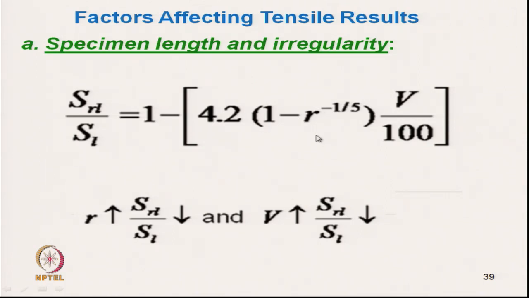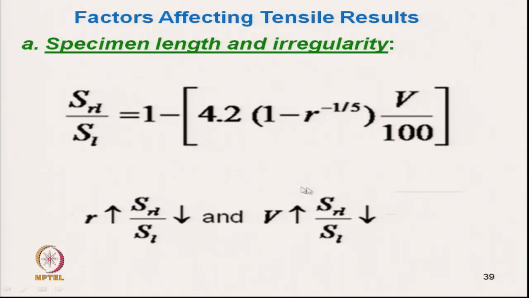So, it is 1 minus some positive value, so this value will reduce as R is increasing gradually. This value will also increase with the increase in R.